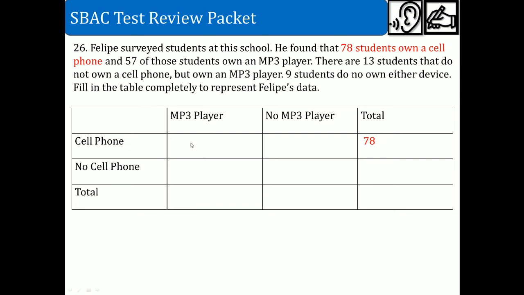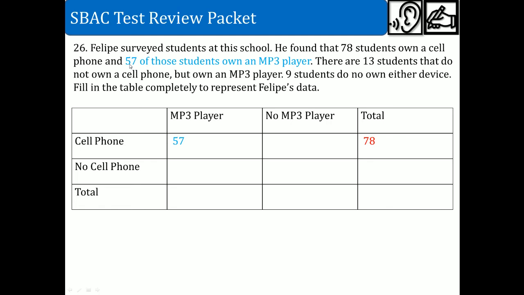It would be wrong because this box represents MP3 player and cell phone, because that's where it intersects. But here it just says 78 students own a cell phone. That would be your total cell phone, because this box is the intersection of cell phone and total. So 78 represents the total cell phone.